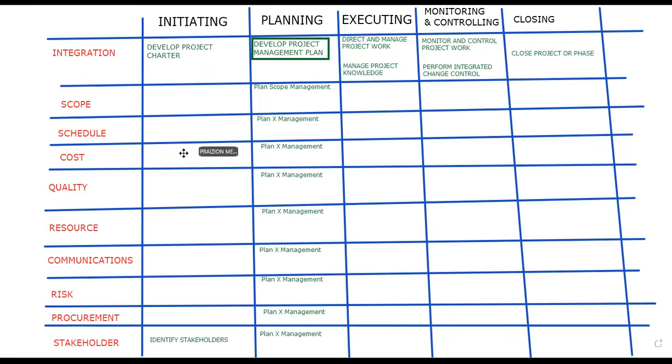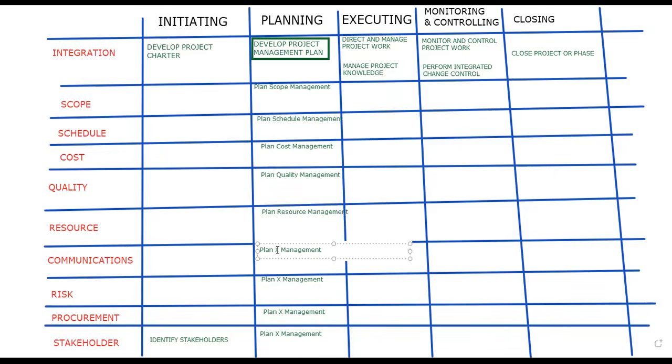So if we just take the knowledge area schedule and put it in here, we have plan schedule management. If we take cost, it's called plan cost management. If we take quality, plan quality management. We take resources, plan resource management.